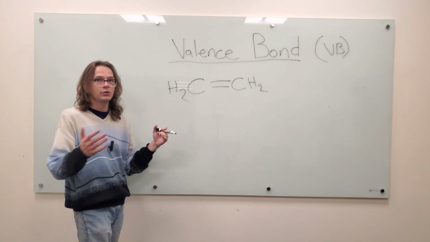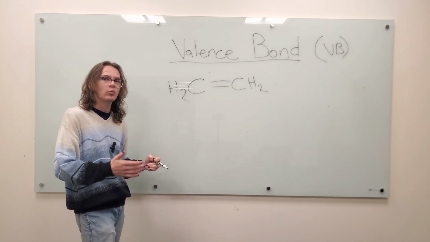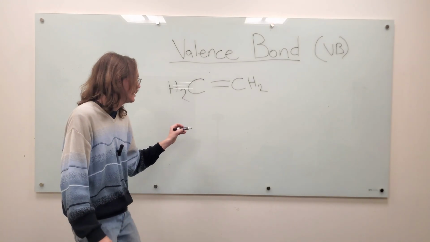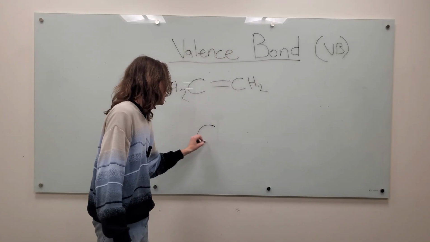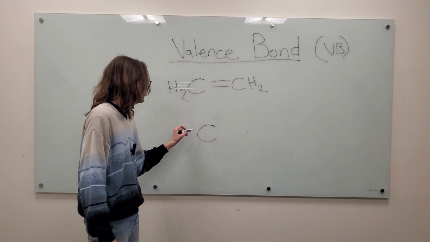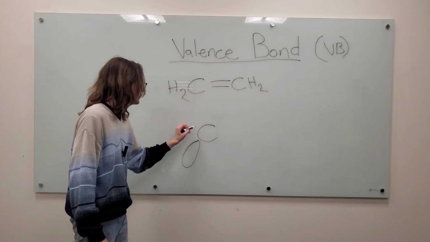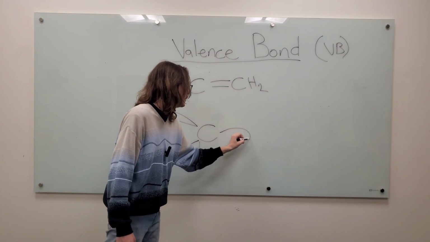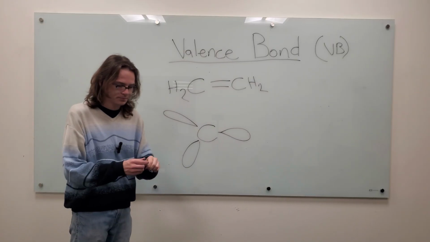We have to have sp2 hybridization and leave one unhybridized p orbital on both of these carbons, okay? And so we'll have a carbon and it's got this sp2, this sp2 hybridized orbital, and this unhybridized p orbital.